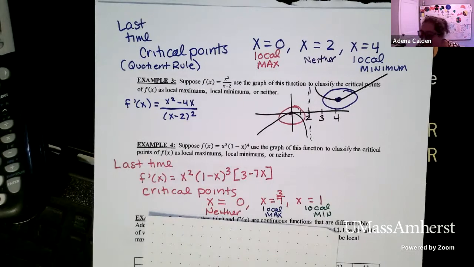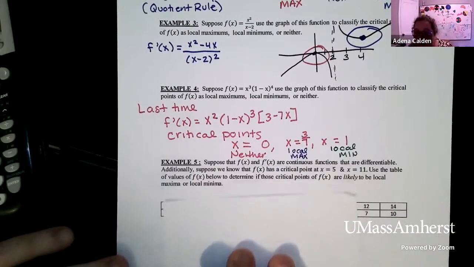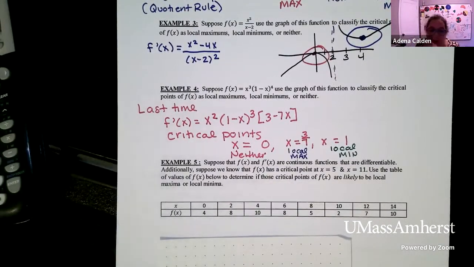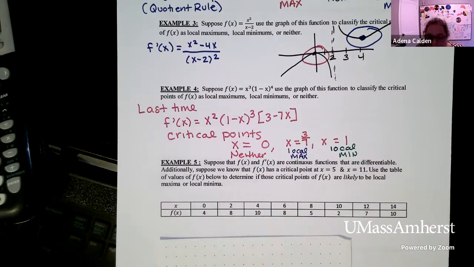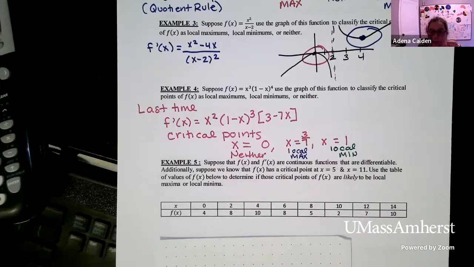I want to do one more example that is not algebraic, where we have a table. I want you to think about how we might apply what we know about this idea of increasing and decreasing to the table given the information in the problem.